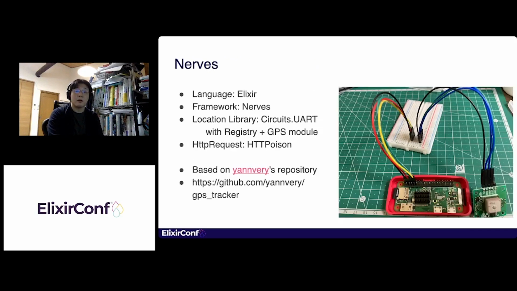Nerves. Language: Elixir. Framework: Nerves. Location library: Circuits UART with Registry, connecting a GPS module. HTTP request: HTTPoison. This is based on Yamberry's repository. Thank you, Yamberry.